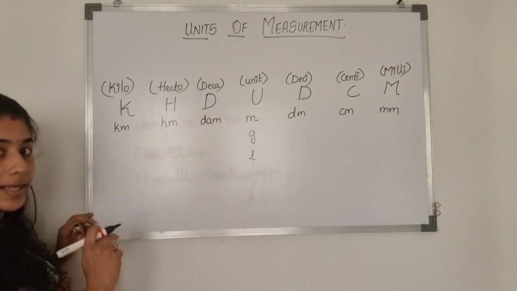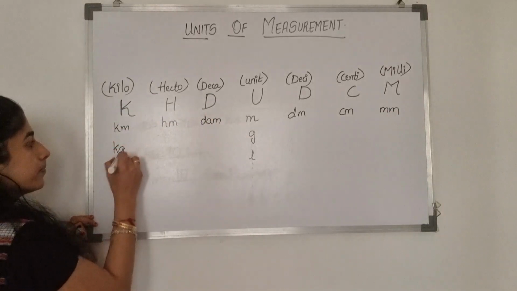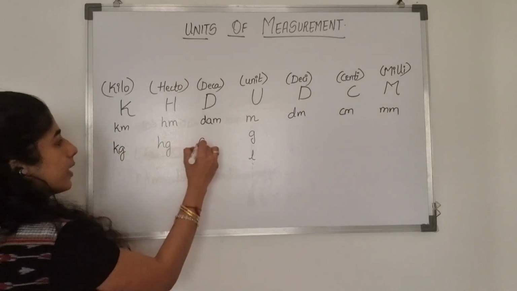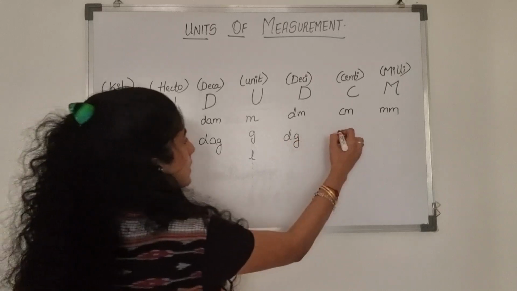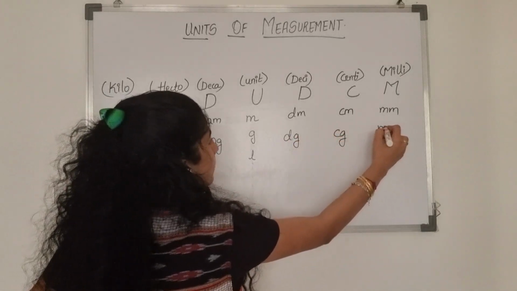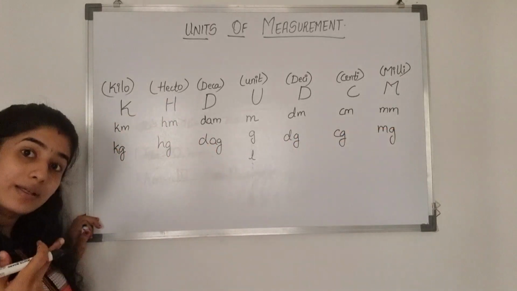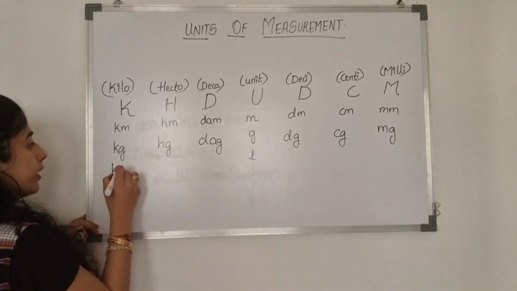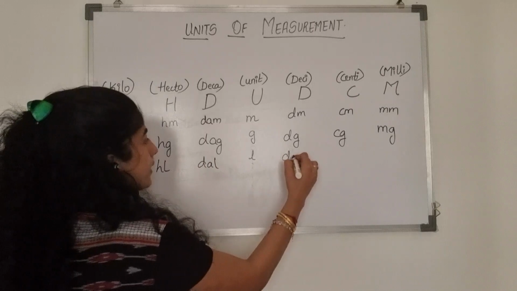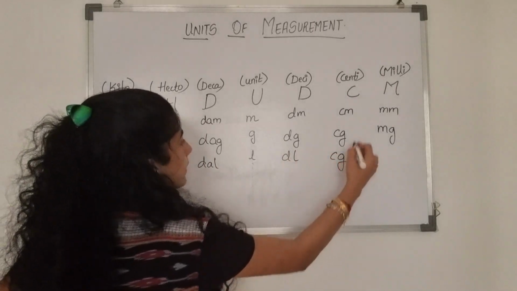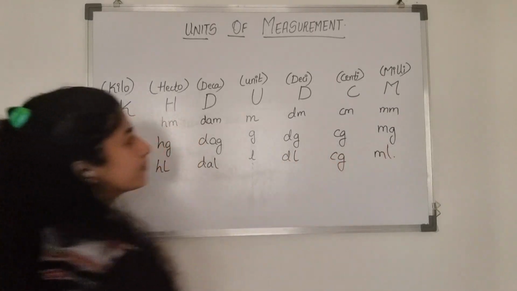Like that for weight, as per weight it will be kilogram, hectogram, decagram, then decigram, centigram and milligram. And as per capacity it will be kiloliter, hectoliter, decaliter, deciliter, centiliter and milliliter.